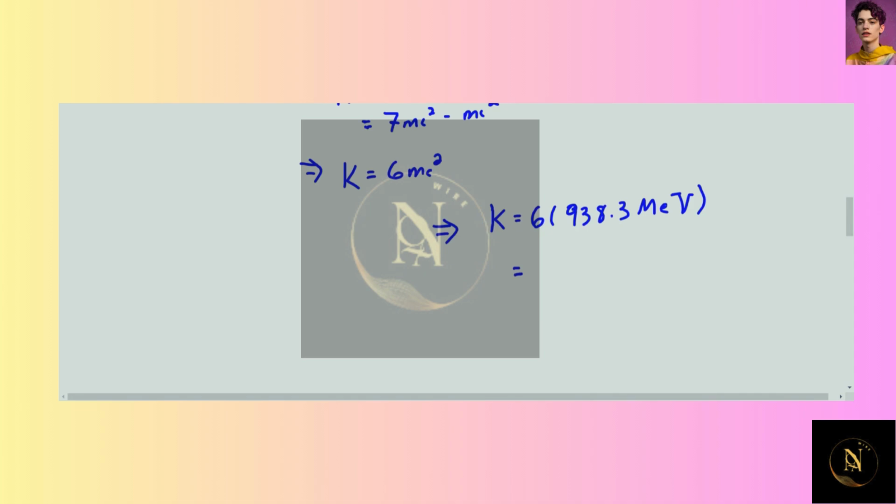So this is approximately 5,630 mega electron volts. We'll just call it equal. It's almost that, just very slightly off in the decimal place.